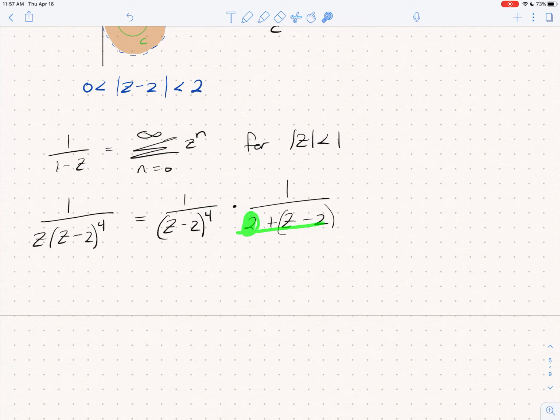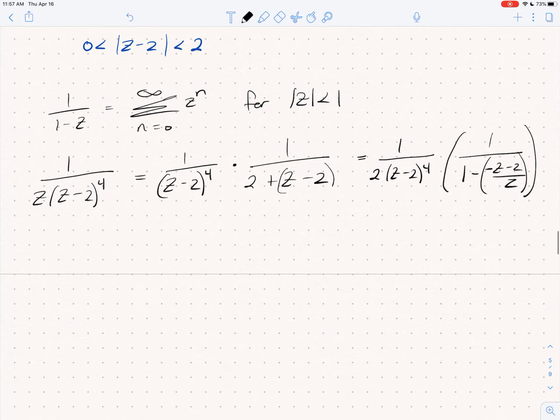So I'm going to pull a 2 out, and I can write this now as 1 over 2 times (z minus 2) to the 4th, and I'm left with 1 over 1 plus (z minus 2) over 2. I'm going to actually erase the plus and write this as minus, minus, and we'll do that.